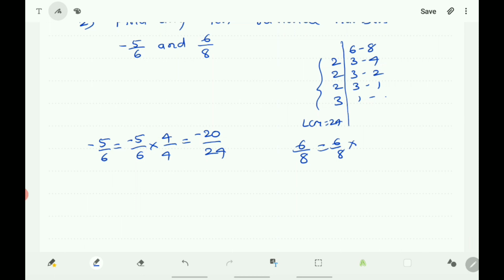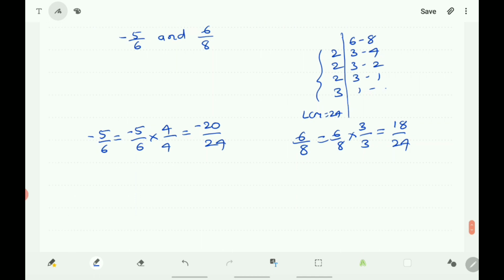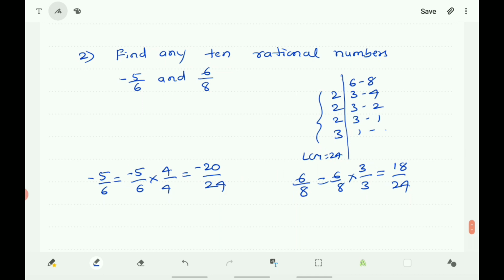It must be multiplied by 3 to have the denominator 24. So multiply both numerator and denominator by 3, you will get 18 by 24.